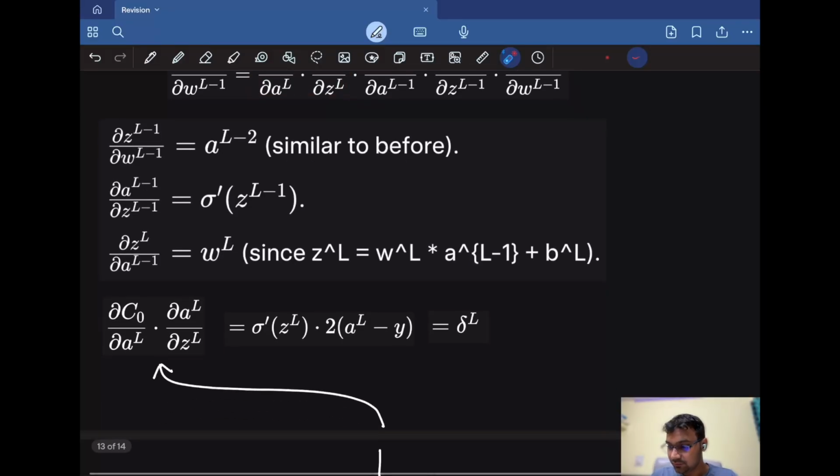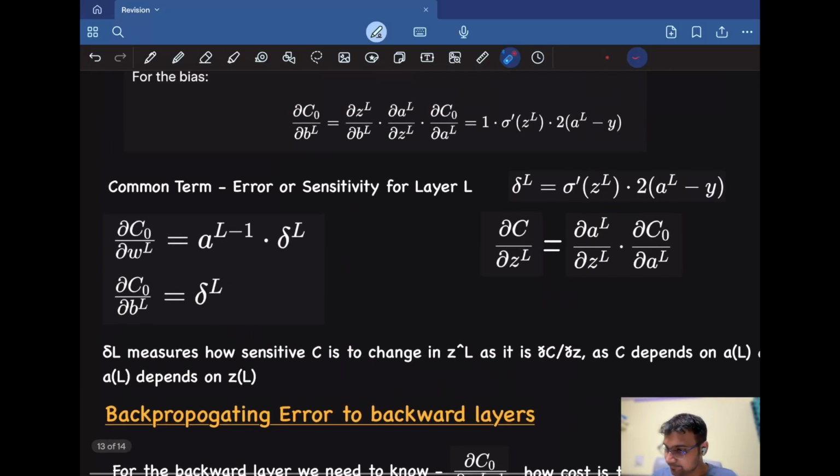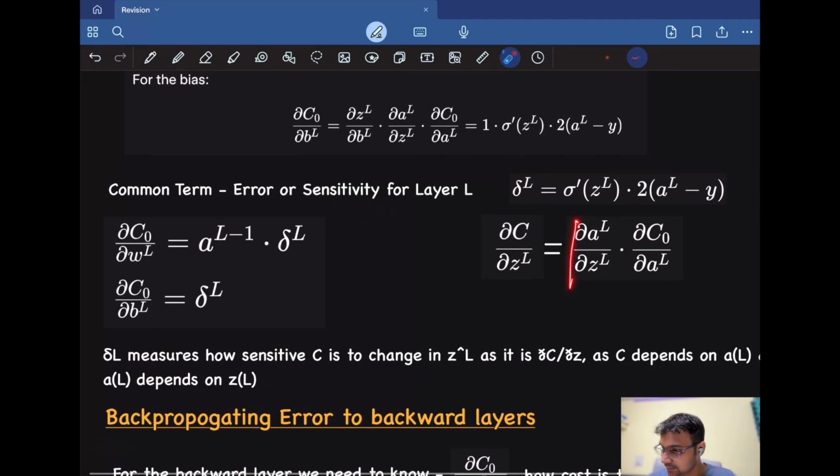Okay. So now here the linkage will come. These two terms that we are considering are nothing but delta L, which is our error sensitivity, or the layer error delta, as we can say.